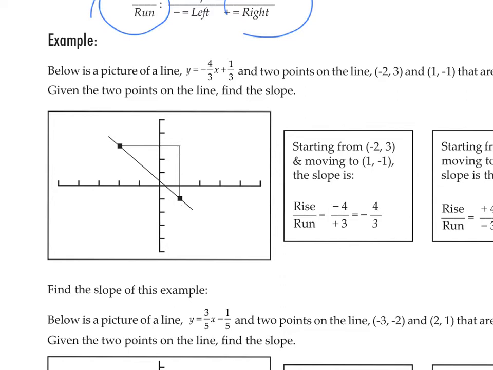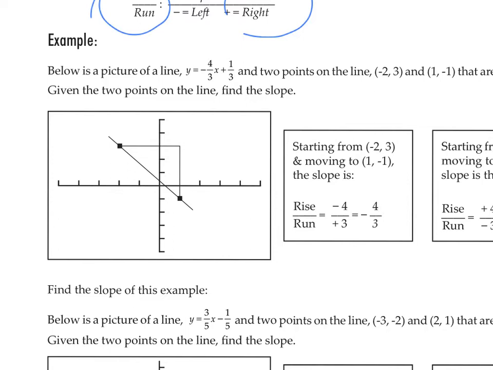To do this on a graph, you have to identify 2 points, which have been identified here by the author, and then you draw a triangle between those 2 points, where one side is vertical and the other side is horizontal. This will be the rise over the run. If we count how high the triangle is, 1, 2, 3, 4 units high.